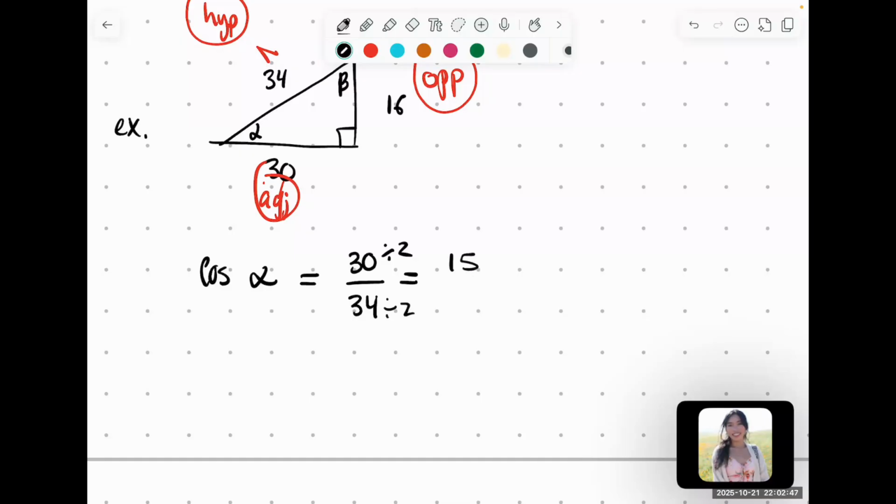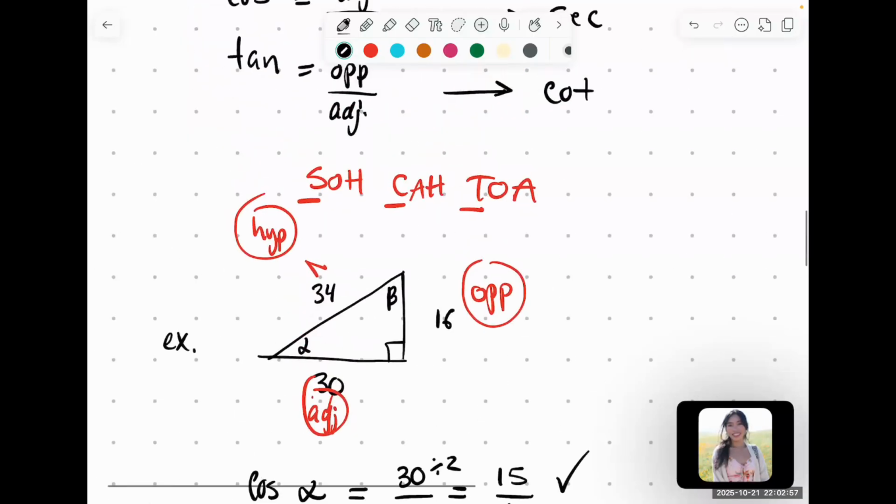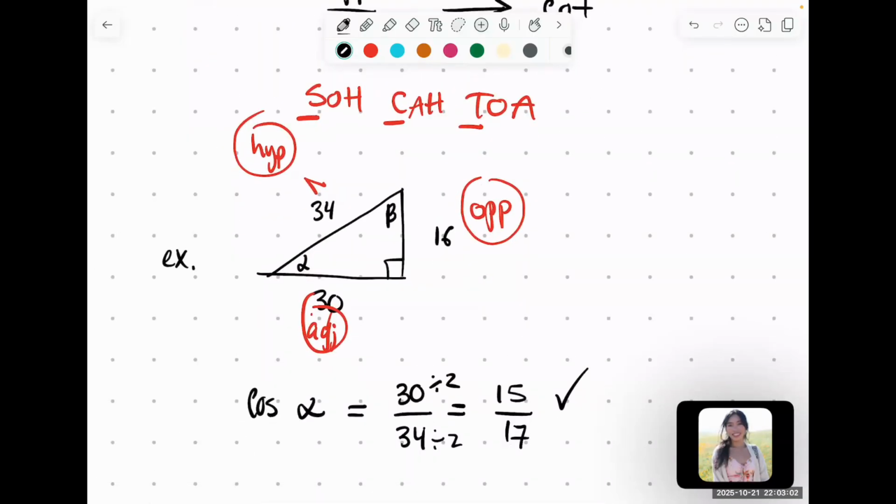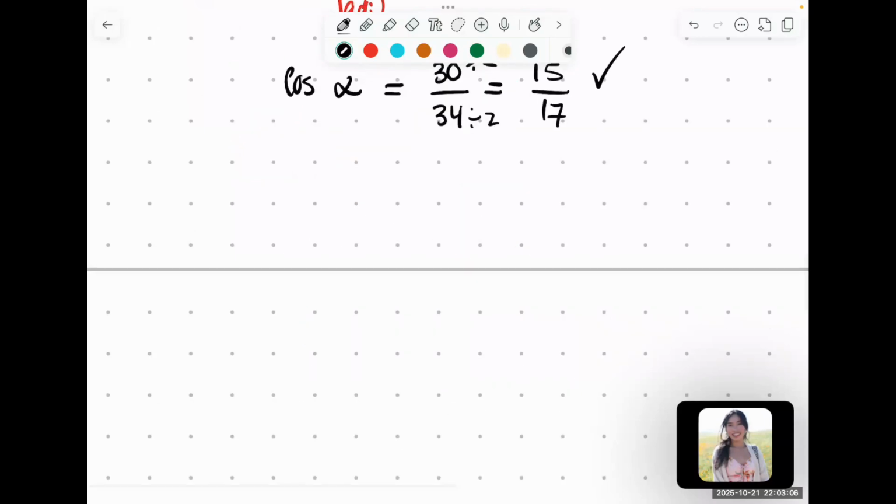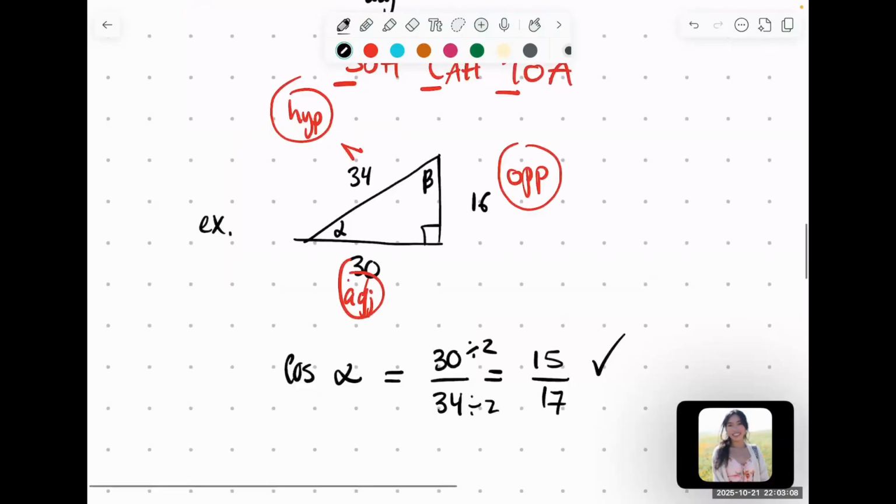It's going to be 15 over 17. And that's it. That's your answer. So remember SOHCAHTOA and how to find your hypotenuse, opposite, and adjacent. Okay, let's do another problem.